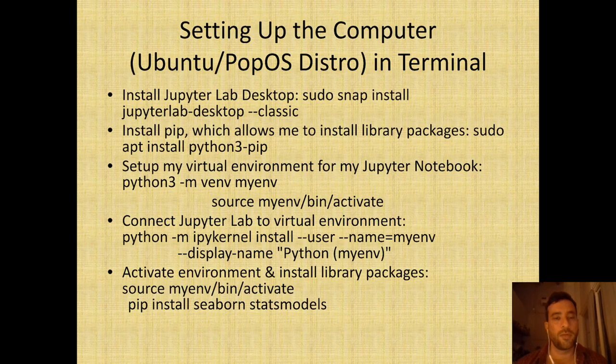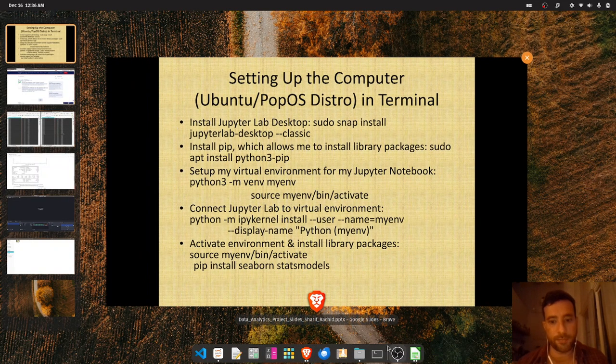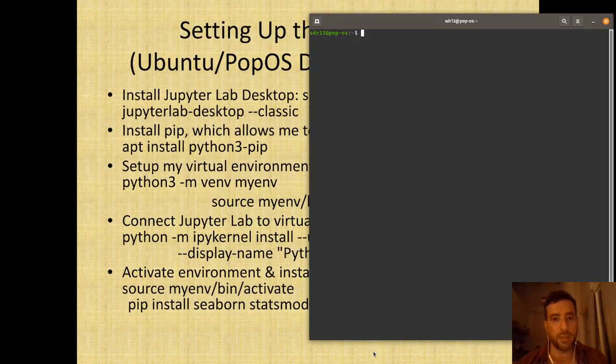So one of the first things I needed to do was set up my computer, which is a Linux distro of Ubuntu / Pop OS, which I accomplished through the terminal. Just to kind of demonstrate, here's the terminal.